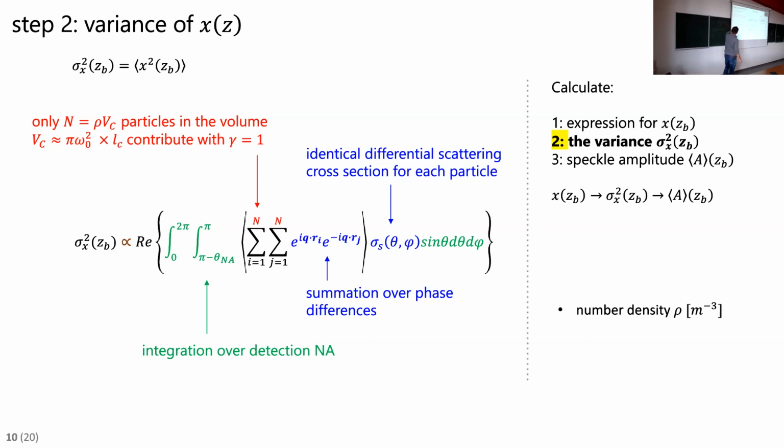That volume is given by a cylindrical volume with a depth given by the coherence length, and a width given by the waist of that beam. So basically just a definition. For simplicity, we say that if particles are in that cylindrical volume, we set the coherence relation to 1, and if they are outside that volume, we set it to 0, so that you can at least take that one out of the equations.